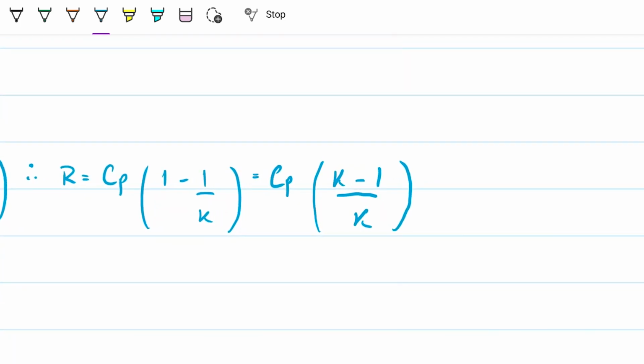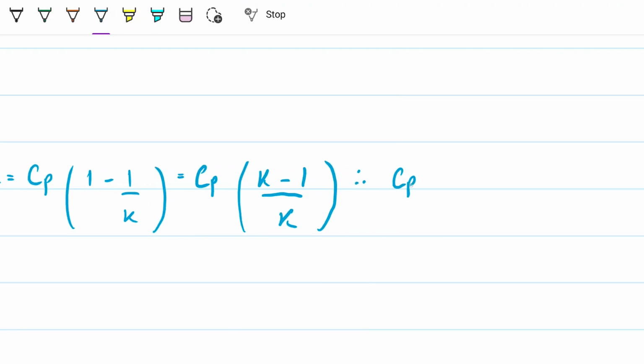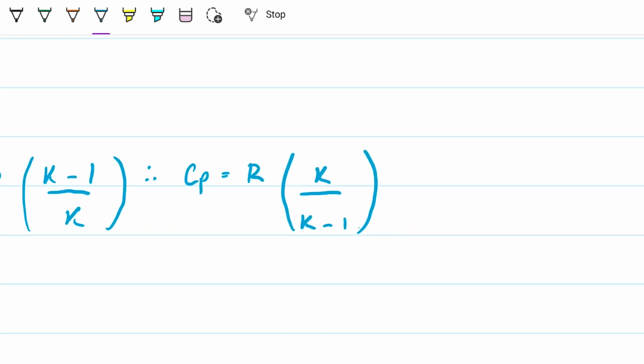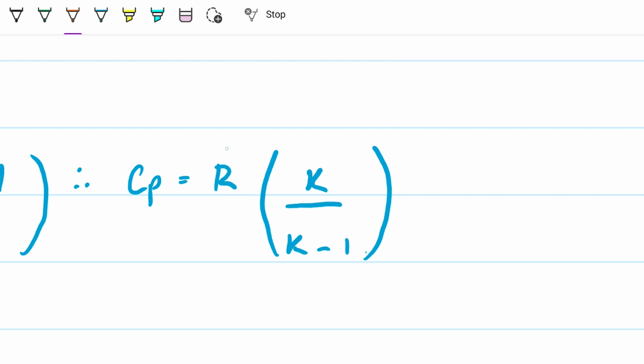And if that's the case, this is all equal to R, therefore C sub P is just R times the inverse of this, which is K over K minus 1. Now I know this number here, this is a constant, my 8.314. I know this is 1.4, and there are no dimensions there.